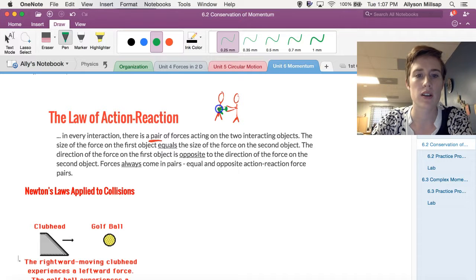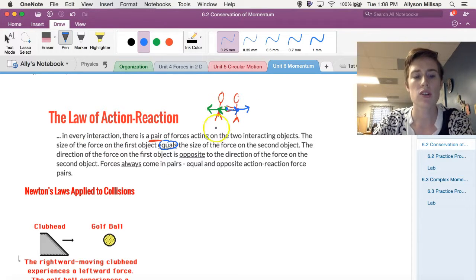So really I could draw his arrow like going this way. And then that's supposed to equal the size of the force on the second object. So this second object, this guy right here, is pushing on this guy, so I could have drawn it like this. But they're pushing on each other with equal amounts. That's the part that's really important.